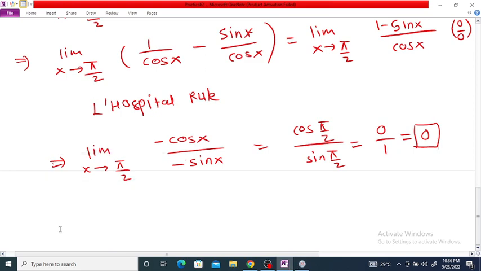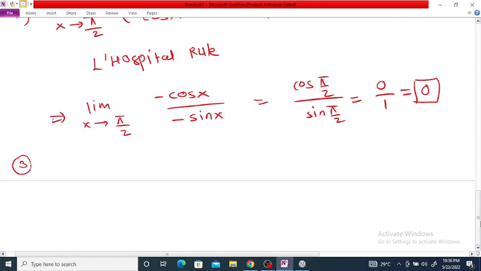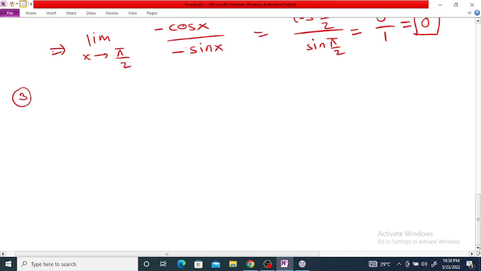Now the next example, number 3: find the Taylor series of cos x, that is f of x is equal to cos x. Find the Taylor series at x is equal to 0.